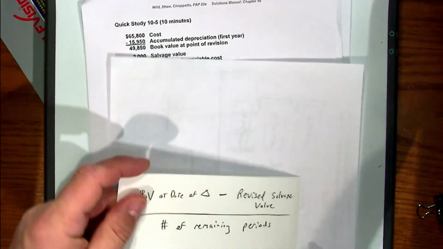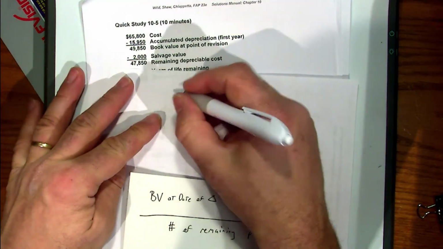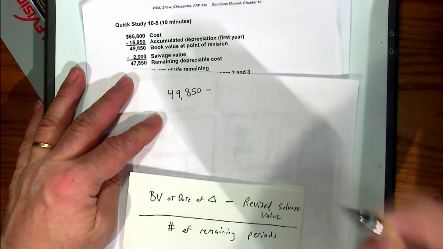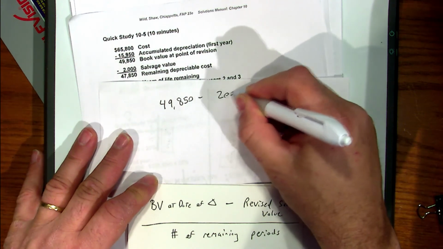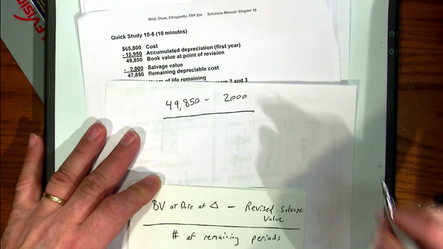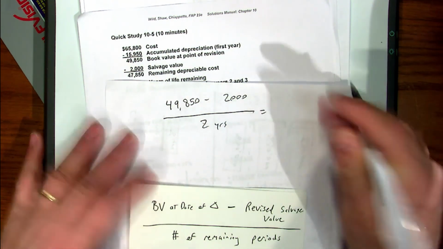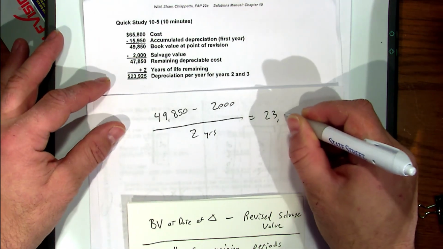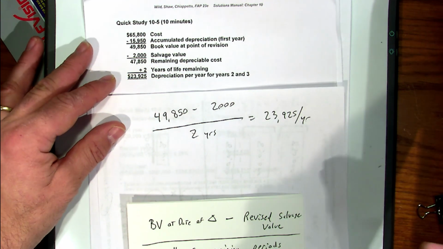The book value at the date of change is 49,850. The salvage value is still 2,000, correct? And how many years are left? 2. And that's how we get the 23,925 a year for each of the next 2 years.